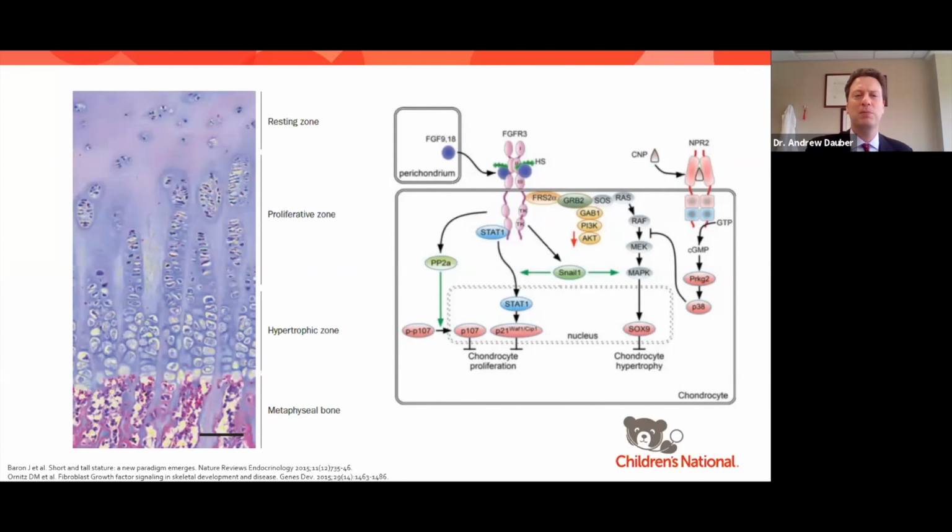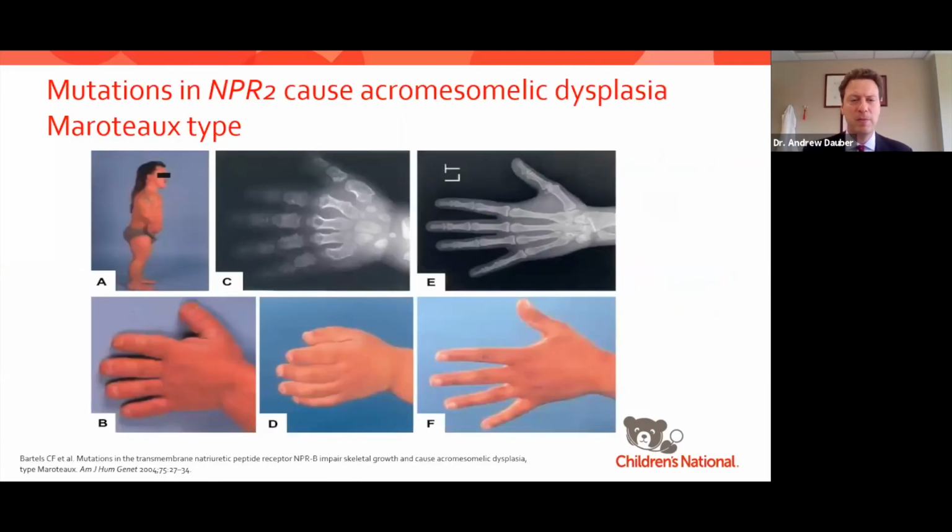So why is this pathway important? Well, back in 2004, it was found that individuals with recessive mutations in the NPR2 gene, that's that receptor for CNP, have a significant skeletal dysplasia called acromesomelic dysplasia Maroteaux type. So very severe.